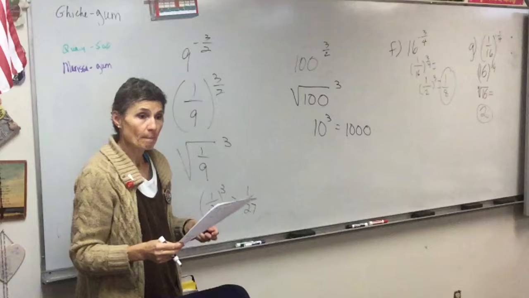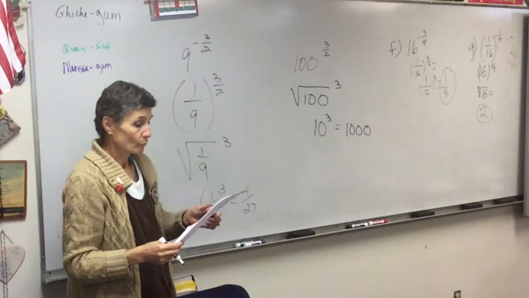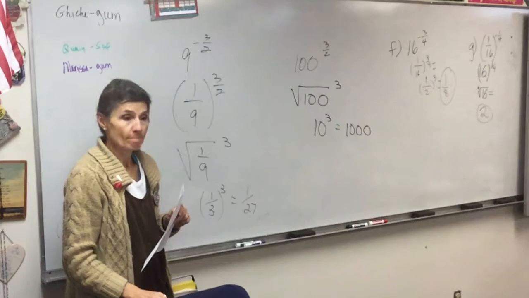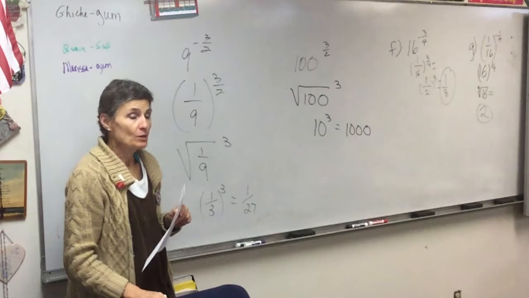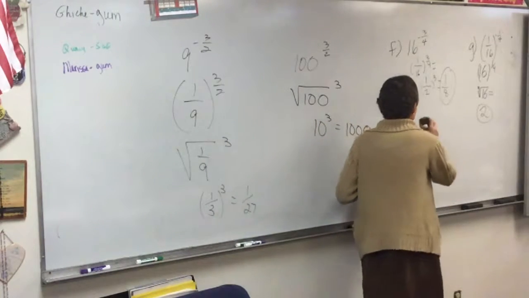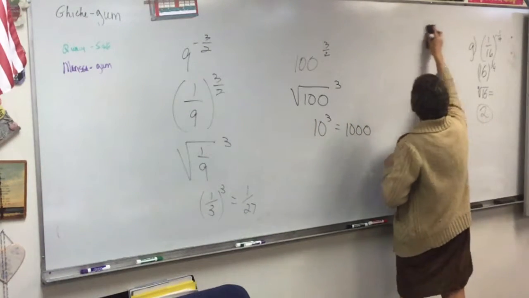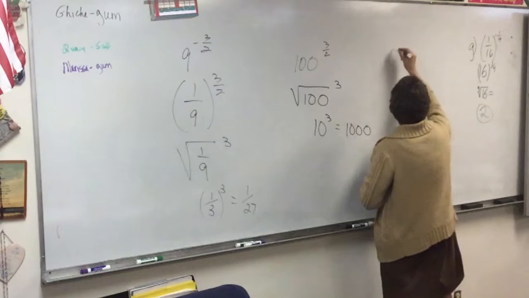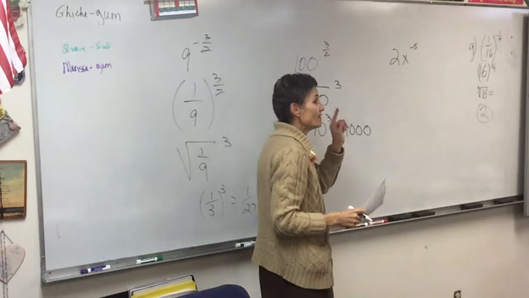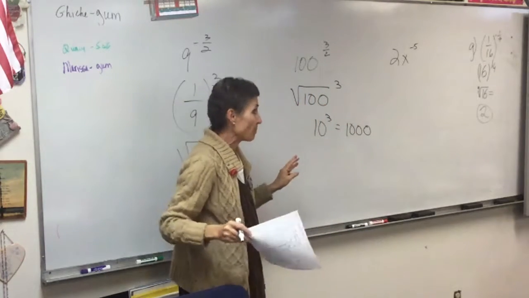For question number 3, when you flip it because it's a negative exponent, do you include the x? No. Question number 3, only the x moves, because the x is the only thing that has the exponent. This is 2 separate numbers. The 2 and the x to the negative 5th are separate.